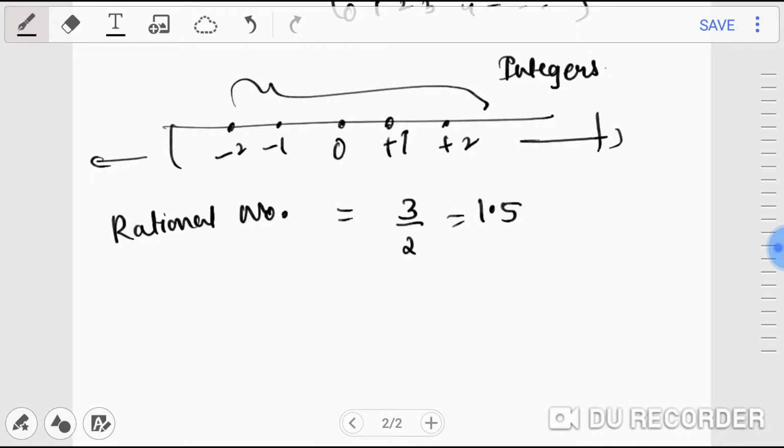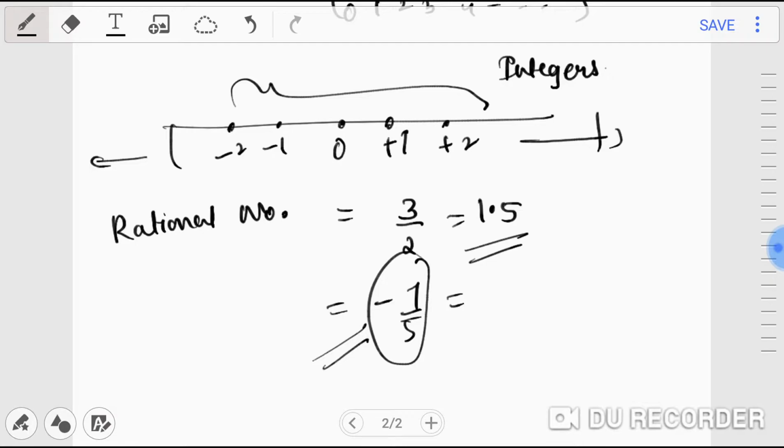Now 1.5 on a number line will not come under integers, whole numbers or natural numbers, so it will be called a rational number. Getting my point? Suppose I give you one more, minus 7 upon 5. Can you get the answer as a whole number? No. You can keep it as a fraction, so that will be called a rational number.